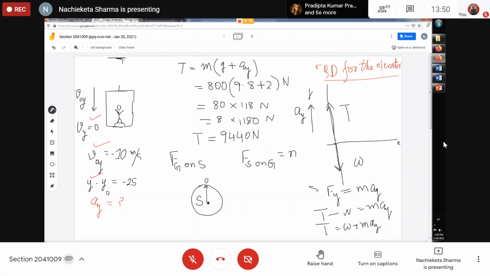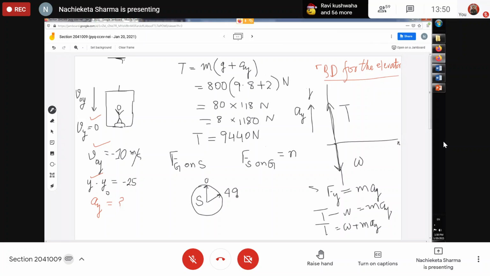Here the surface is the scale. Now this normal force actually gives you the reading. So if a 50 kg lady exerts a force on the scale, the scale will also exert an equal amount of force in the opposite direction on the gymnast, and that reading is 490 Newton if the elevator is at rest.